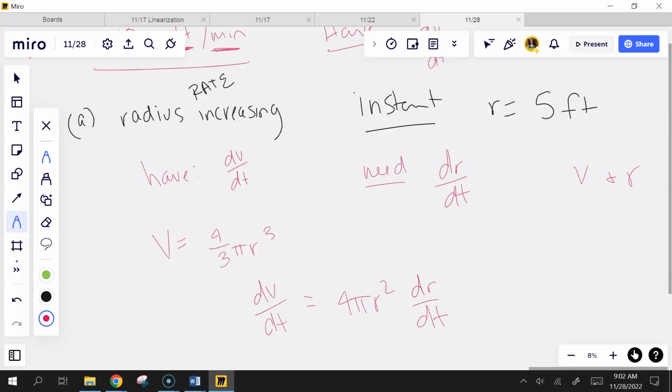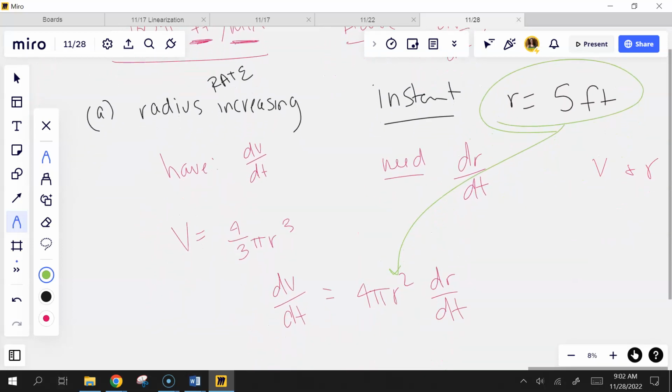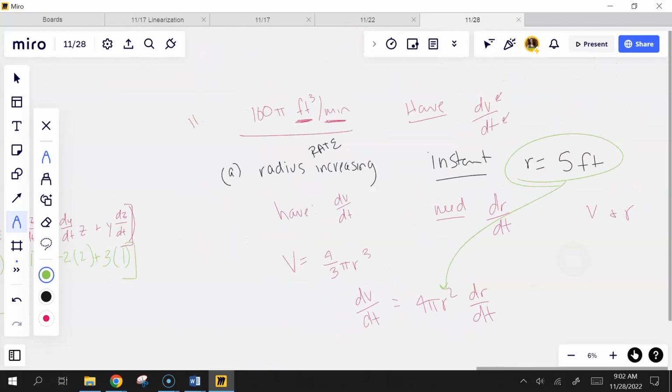Now plug in what you know. Now it's a lot easier because I have everything I need, right? I know that I wanted at the instant that r is 5. I know that dV/dt is what? 100 pi.